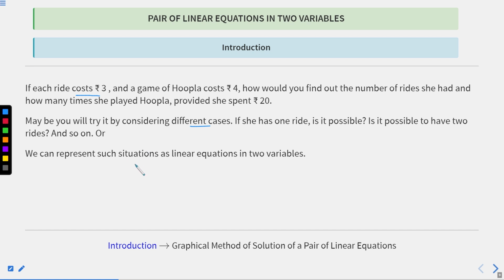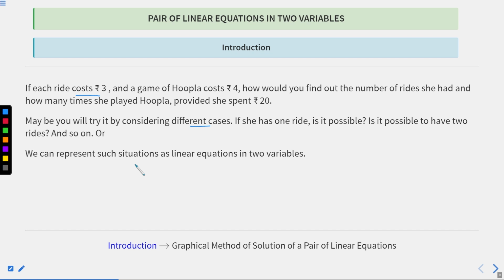So here we are given each ride costs ₹3, a game of hoopla costs ₹4, and she paid ₹20. Here we have to find the number of rides she had and how many times she played hoopla.